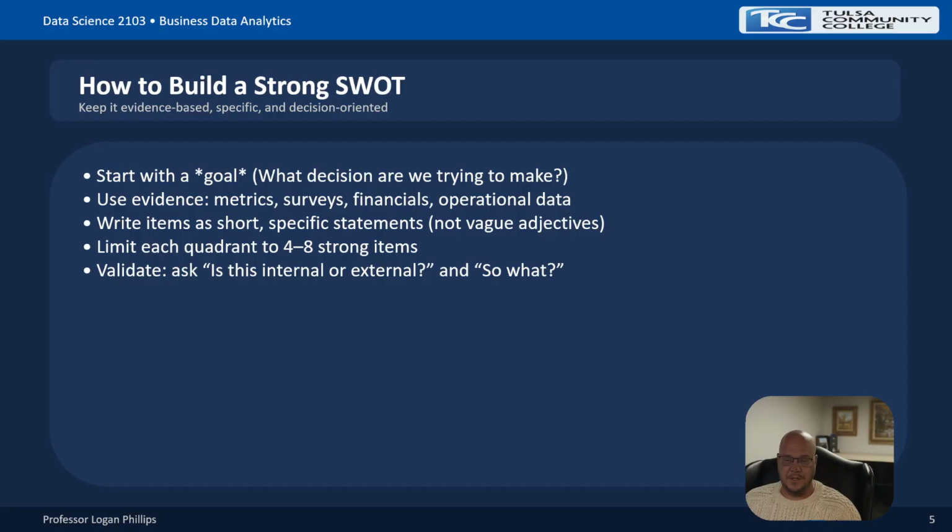If everything is important, nothing is important. And step 4 is to validate. Ask, is this internal or external? Is it specific enough that we can prove it? So what? If this is true, what changes? And if your SWOT doesn't end with action, it is incomplete. So the next slide is going to give you some prompt questions that make this much, much easier.